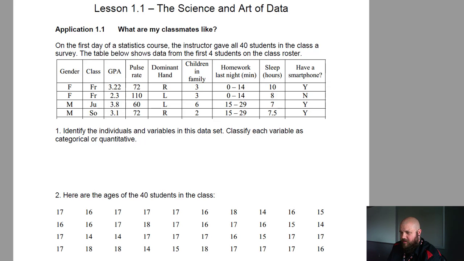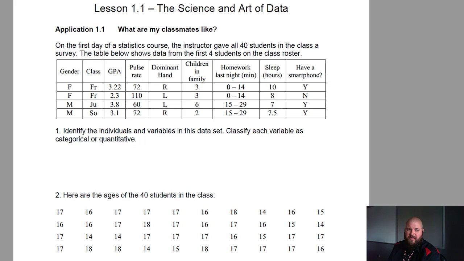So you've got gender, class, GPA, pulse rate, dominant hand, children and family, homework last night, so how many minutes it took them, sleep hours, and then if they have a smartphone. So now we're going to look at number 1, which says to identify the individuals and variables in the data set and classify each variable as categorical or quantitative.